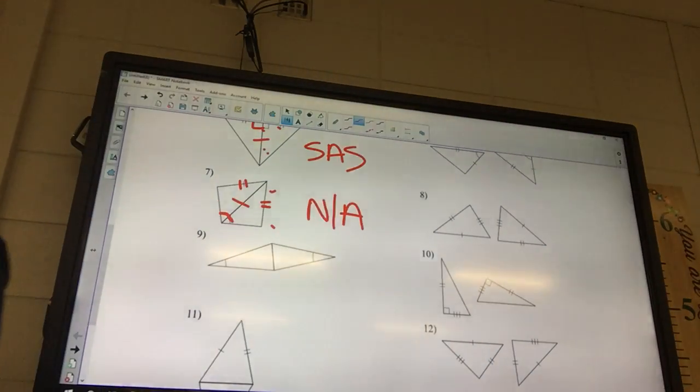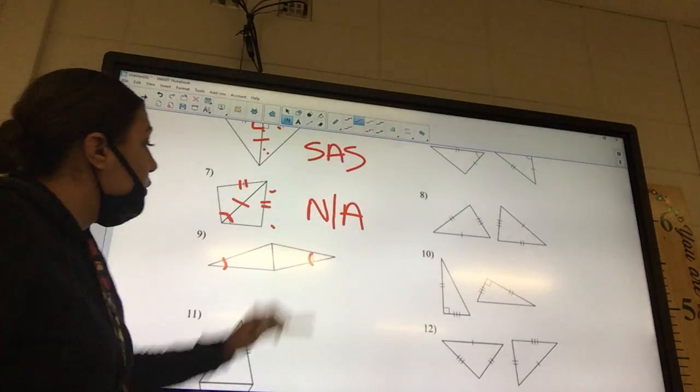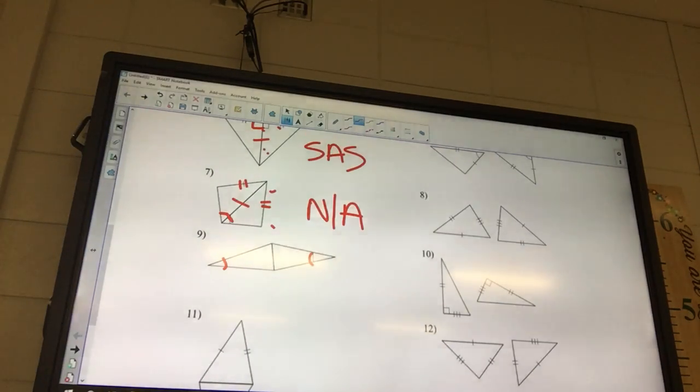Okay, look at 9. What are you given? Are you given any sides or angles? No sides are marked. What about any angles? Yeah. So we got an angle. Do we have any sides? Could you draw any sides? Are those 2 triangles touching?